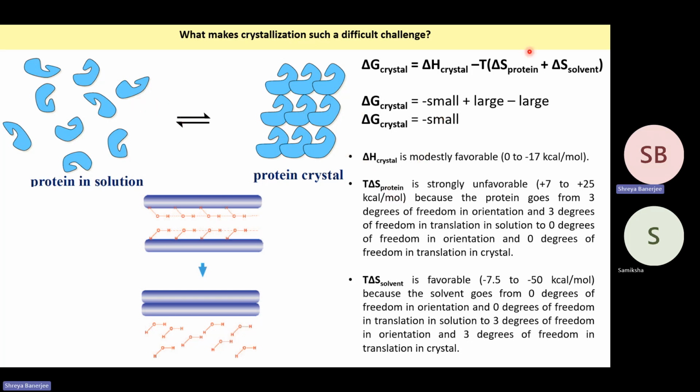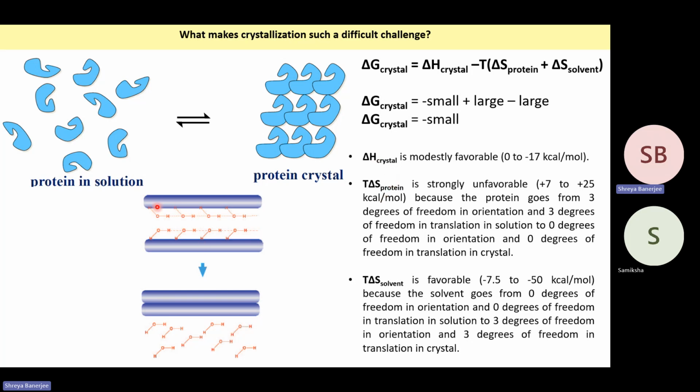Now, in the delta S, you have two different delta S. One is the entropy change of the protein, another is the entropy change of the solution. So imagine you have two protein molecules shown here by the blue bars, and they are separately solvated. When crystallization is happening, the protein is coming together and all the solvent molecules are released. So the delta S protein is unfavorable.